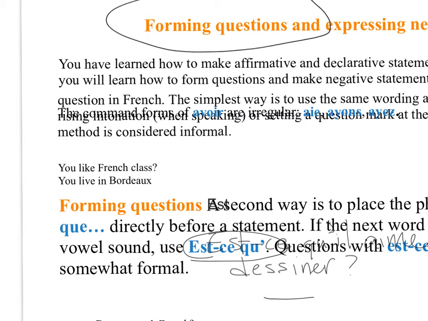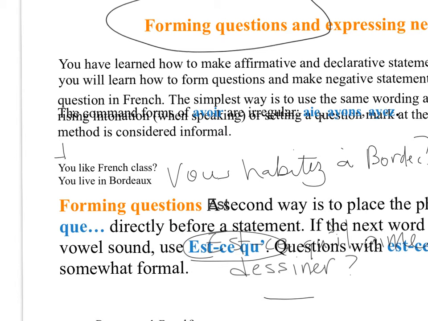The question would be, vous habitez à Bordeaux. And that's how you would make the question. So you raise your intonation. Vous habitez à Bordeaux? And you put a question mark. So intonation is one way to make a question.